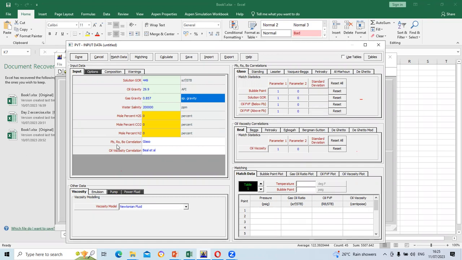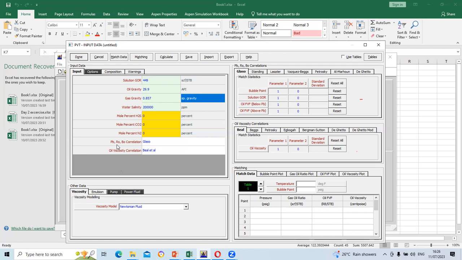But the measurement done in the lab cannot cover the wide range of pressures we have. Because remember, we are dealing with pressure from reservoir pressure, which may be very high, like 6,000 psi, to surface pressure, which may be very low, like 100 psi.